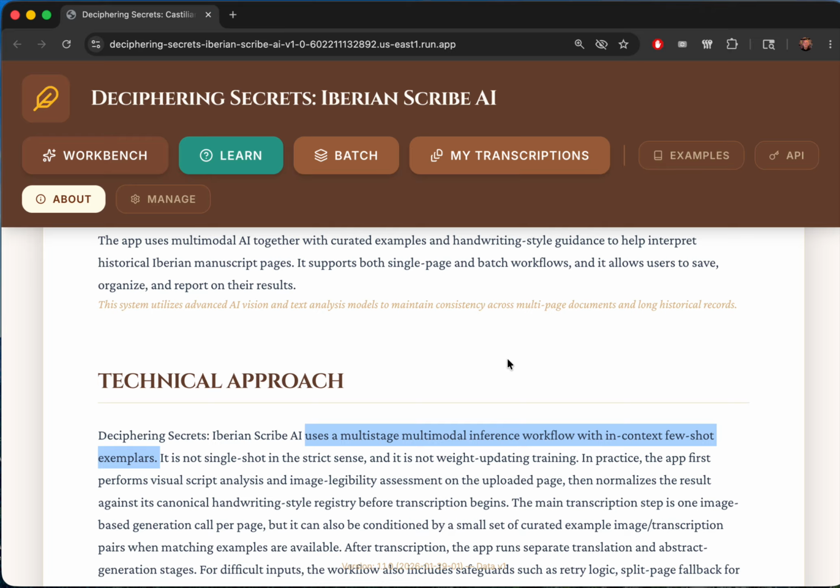So after the AI has taken in the image, processed it to make it more readable for the machine, and identified the writing style, or if you've changed it and said, no, it's not really 15th century, it's 14th century, then the last part of the process, before we get to the transcription, is we send all this information up to the AI and say, okay, here it is. I'm going to give you some guidance. Here are some few-shot examples, some related examples that will help you evaluate the manuscript you're looking at as you're generating a transcription.